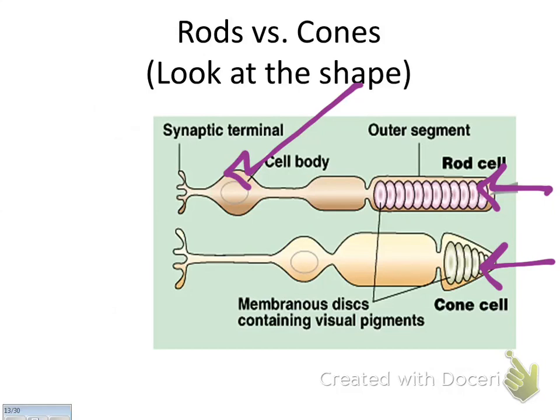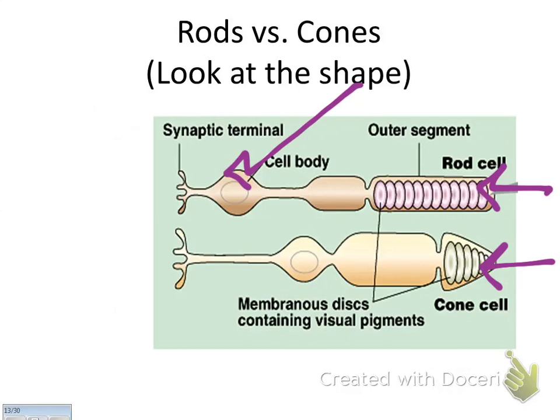Do y'all see under rods the little eye? A shape change allows depolarization. Most important part: light comes in, it changes the shape of the rod, and that depolarizes the nerve. What does depolarize mean? Sodium goes in. Right, so Logan, can you write this?